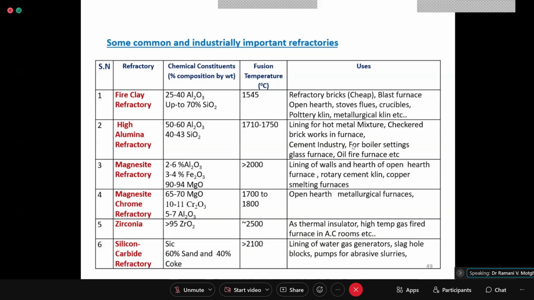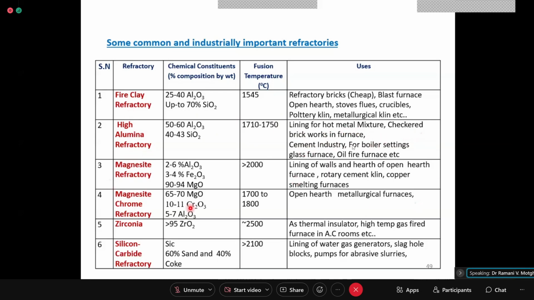So this is the chart of different types of refractories. Fire clay refractory has a composition of Al2O3, SiO2. These are the percentages, fusion temperature, and where they are used. Then high alumina refractory, Al2O3, SiO2, 1700 and 1750, used for lining of hot metal mixers.